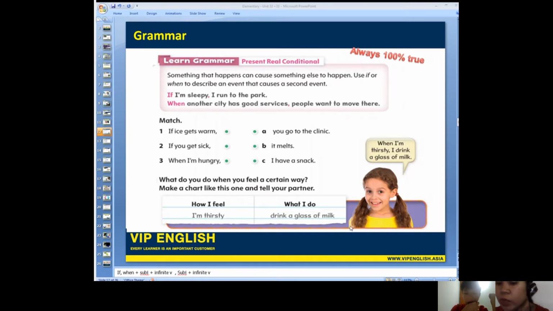Will it become smoke? Do you think if ice melts, it will become smoke?